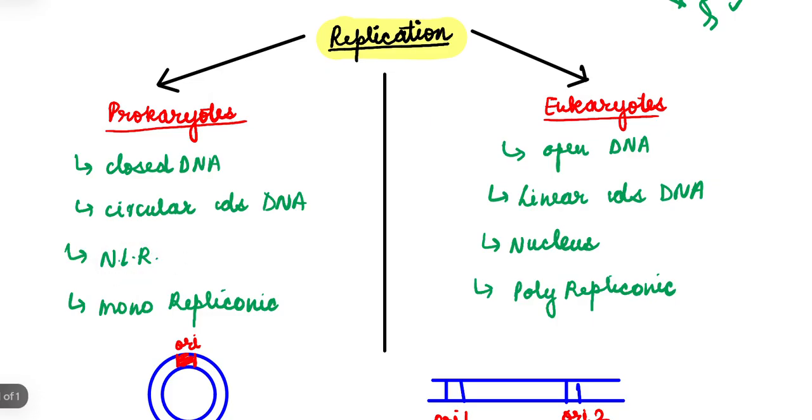Means there is no true nucleus, but there is a nucleus-like region inside the prokaryotic cell, which is also referred to as the nucleoid. In the eukaryotes, there is a specific, well-defined and membrane-bound nucleus inside which the DNA is present, which is in linear, open and double-stranded form, and the replication will take place inside the nucleus itself.